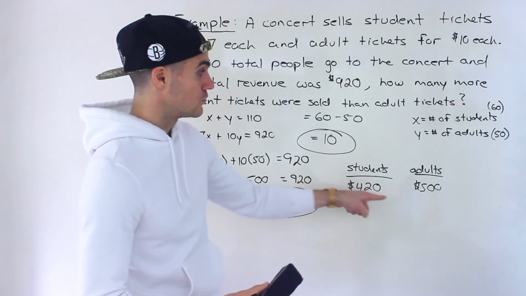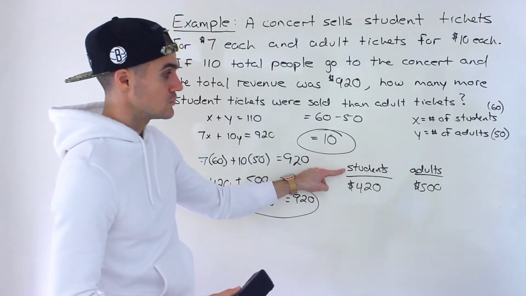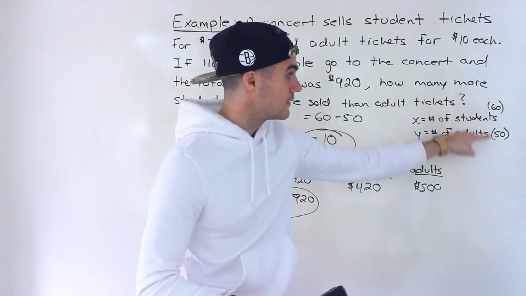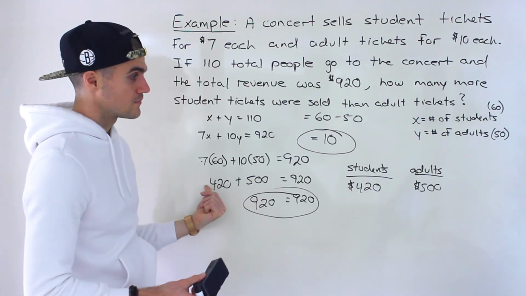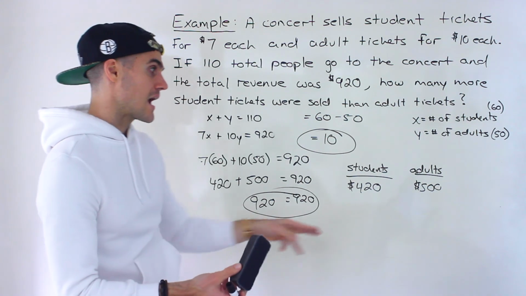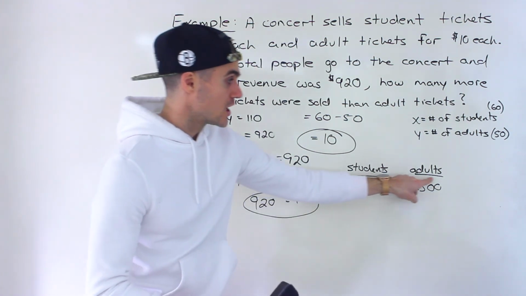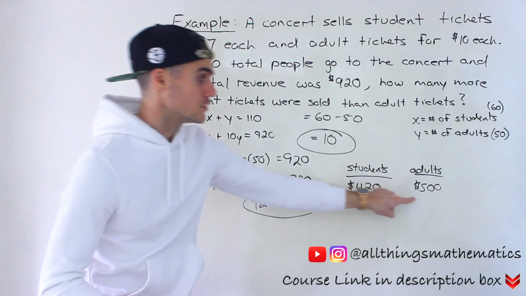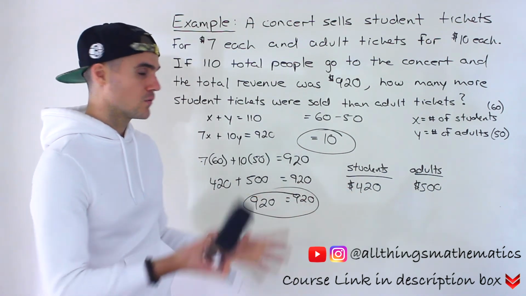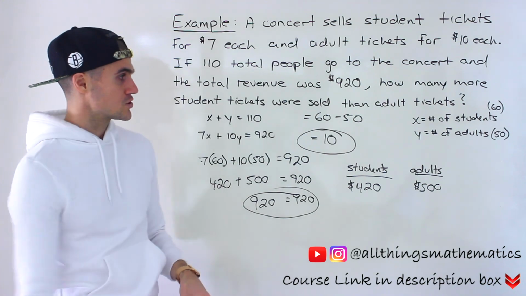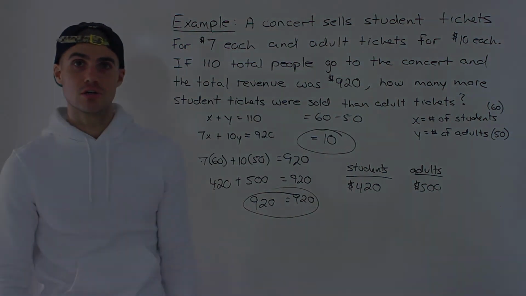How much revenue was made from adults? How much revenue was made from students? Then you got to take these values you had, go an extra step to get these values over here. Or they may ask how much more revenue was generated through adults than through students. Then you would take the difference between those, which would be $80. Okay, so a bunch of different things they can ask with questions like this. So make sure you're reading the question very carefully.